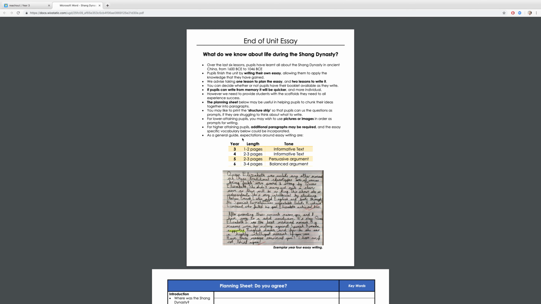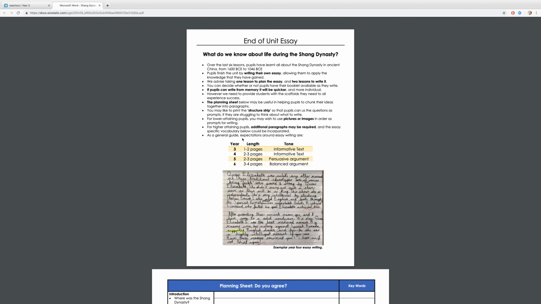You can decide whether or not the pupils have their booklets available as they write, whether they have them on their desks, their completed booklets. We've tried it with both. We find that if you have a child who's really learnt the material very well, done lots and lots of quizzing, then they tend to write quicker, so they write more, and their writing seems to be a bit more original, unique, and so I would probably err on letting them have the booklets, because we're really not trying to set up the children to fail here.